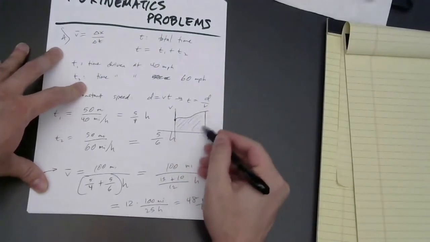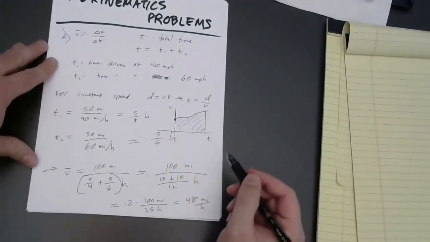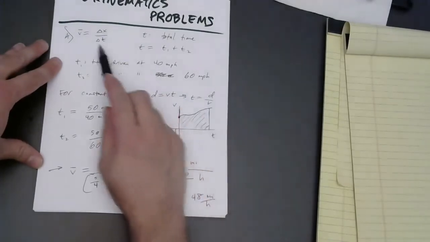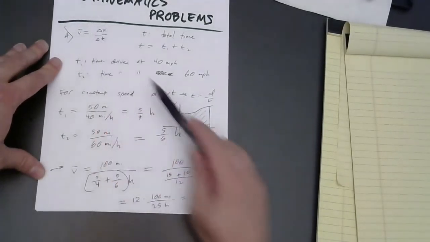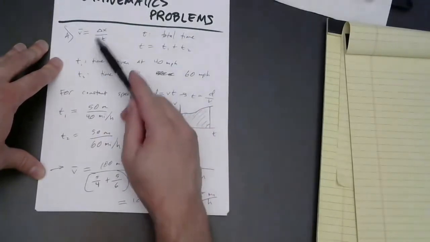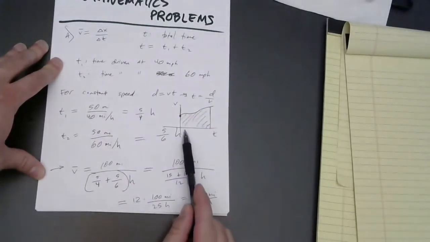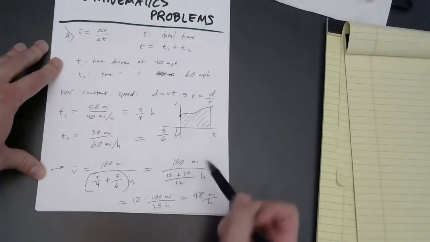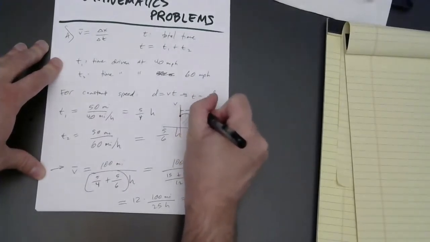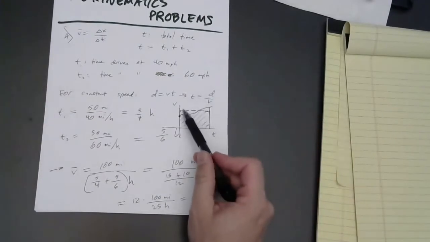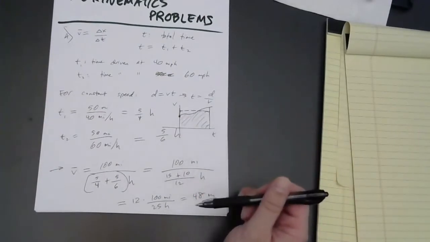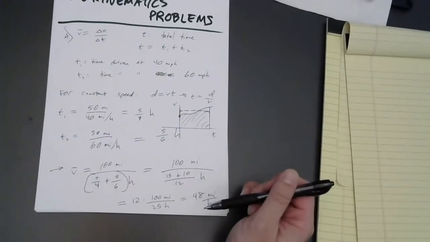The area under that curve is the displacement. So if we go up here to the definition of average velocity, if you took the total displacement, which is the area under this curve, and divided it by delta t, which is the time interval, that's the base here, that would give you the height of some equivalent rectangle. And evidently the height of that equivalent rectangle here is not 50, it's 48.